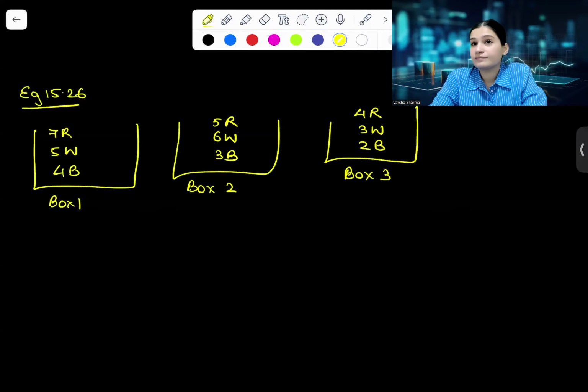It's a case of total probability. So now you need to tell me what are the different paths. I'm waiting for the different paths.